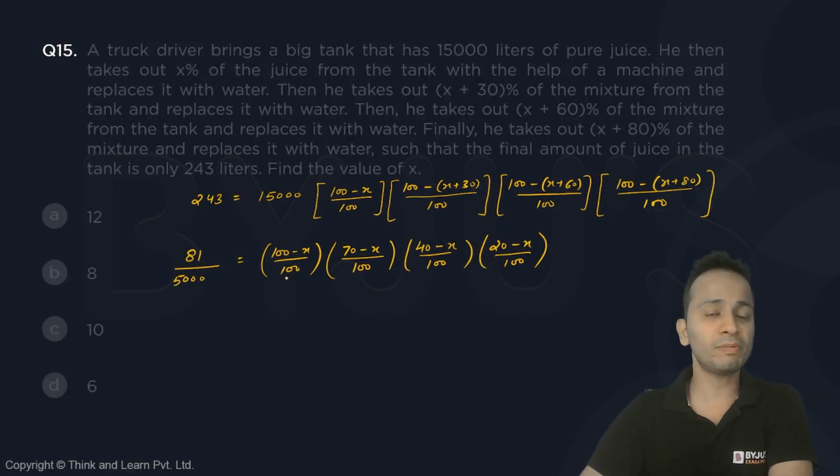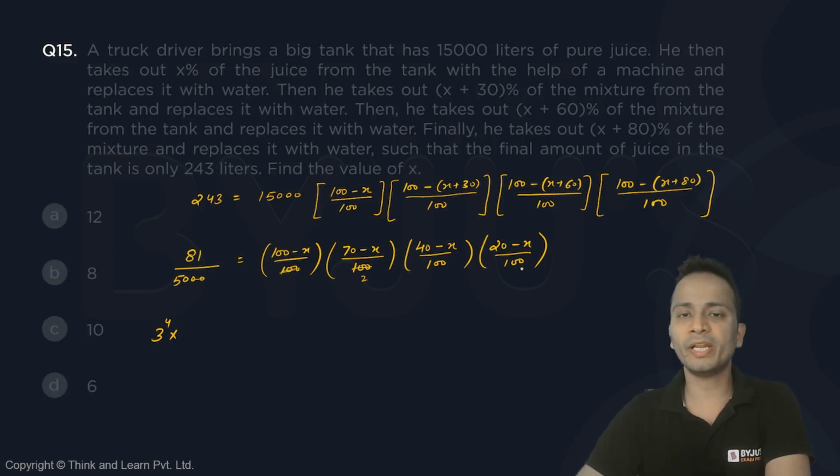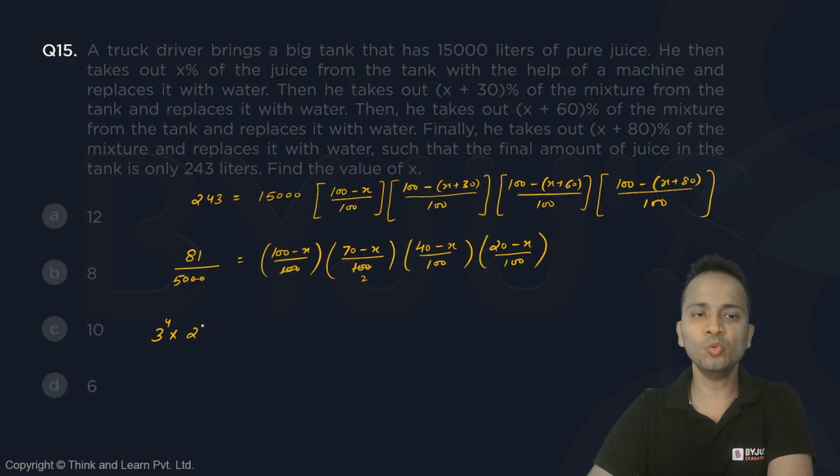Now further it simplifies to 100 and double zero will get cancelled, then 50 and 100 will get cancelled. So it comes out to be, so let's factorize it. So 81 is 3 raised to the power 4 multiplied by the denominator of the right hand side. So 2 into 100 into 100. So that is 2 raised to the power 5 into 5 raised to the power 4.